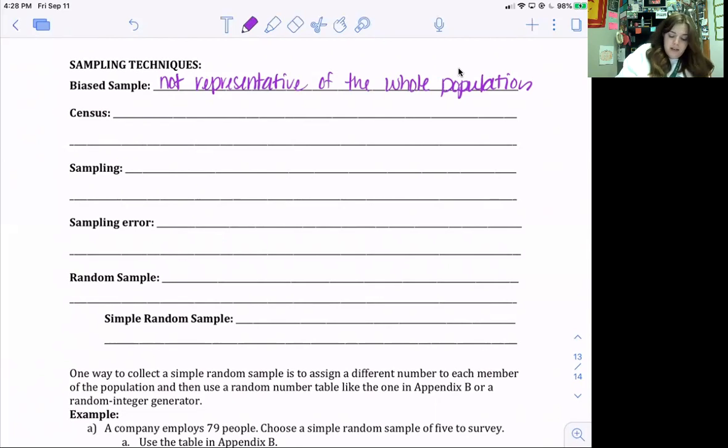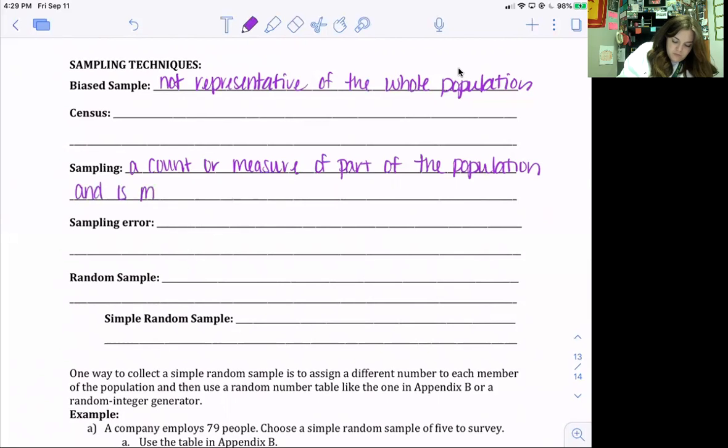Talking about sampling, this is a count or measure of part of the population and is more commonly used in statistical studies.